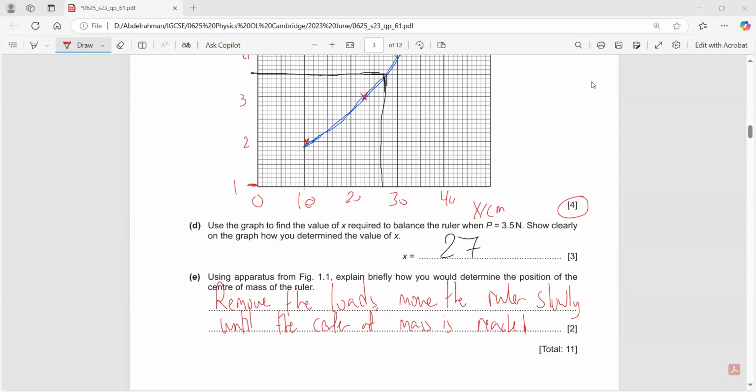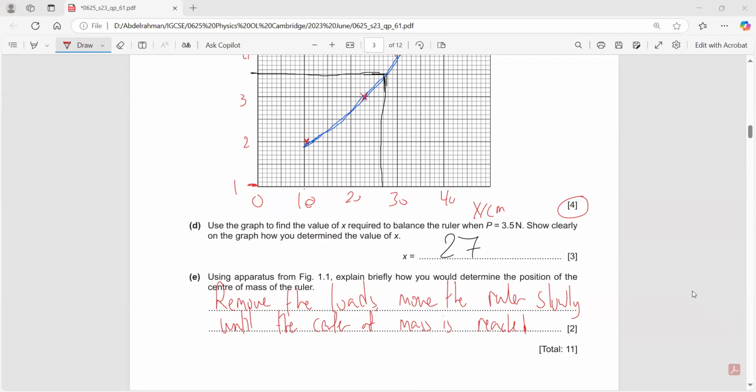That's why you need to experimentally do it, not just numerically. You can't just numerically divide or add the numbers. You need to physically move the ruler slowly until you find the center of mass.